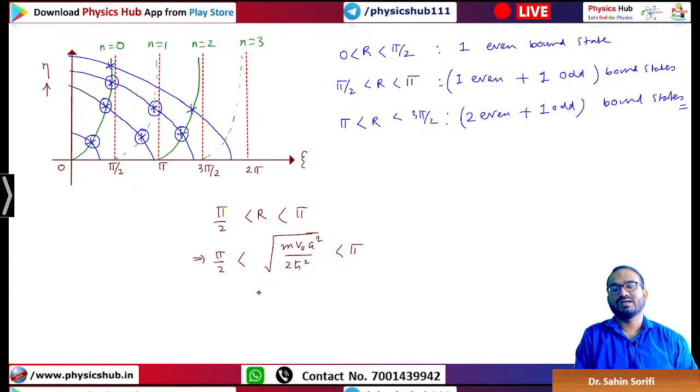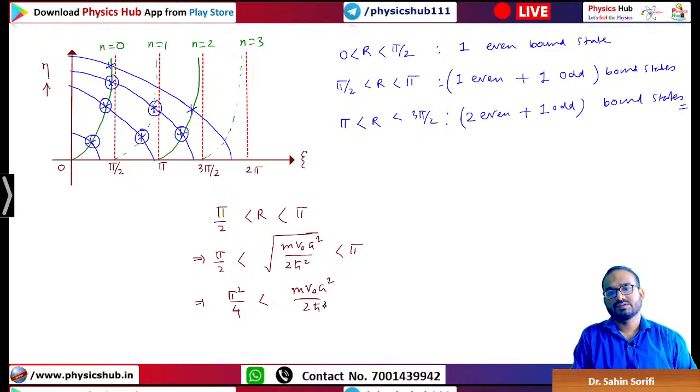So what does it mean? If you take a square on both sides, you can see it is pi square by 4 less than m v naught a square by 2 h cut square less than pi square. What can we write? We want to just keep this v naught a square, so 2 h cut square by m is multiplied here.